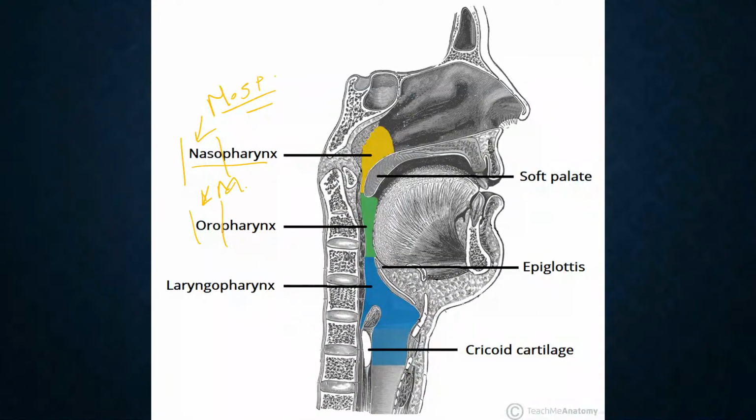So the pharynx below, after the mouth, and then laryngo, which is the throat, is the pharynx just behind the throat. So we have the blue one as the one that is just above the throat, laryngopharynx, and then oro, that is the one just behind the mouth, the green one, and then naso is this one here.